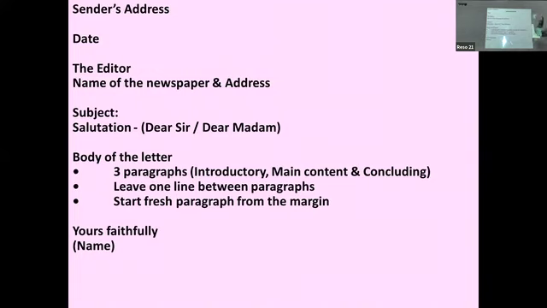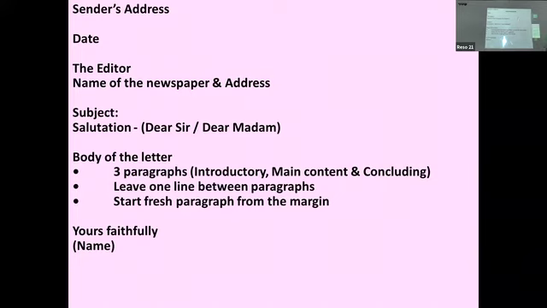So the receiver's designation will always start with the determiner, the editor. The name of the newspaper will always be preceded with the: the Times of India, the Hindustan Times, the Rajasthan Patrika, the Kota News. Whatever the paper is, it will be preceded with the determiner, the.